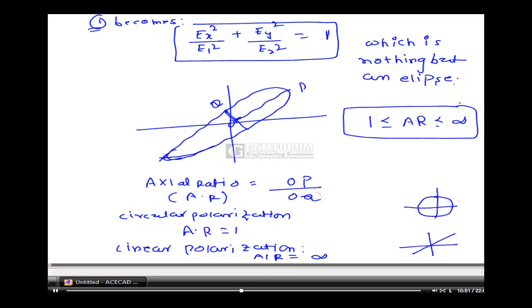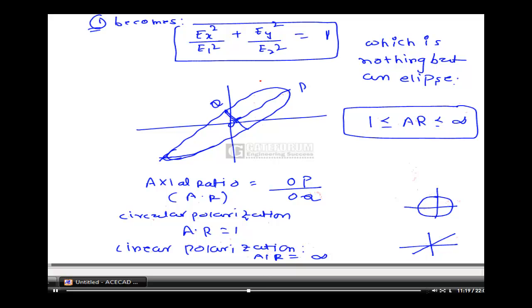If you observe this elliptical polarization, both linear polarization and circular polarization are special cases of elliptical polarization only. That is, if this major axis and minor axis are equal, as this ellipse is expanding at a particular angle, both major axis equal to minor axis, then it becomes a circular polarization.